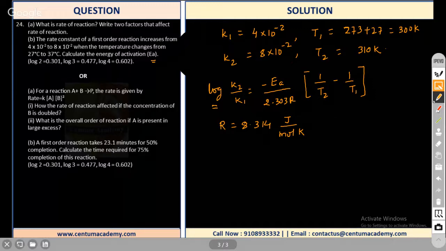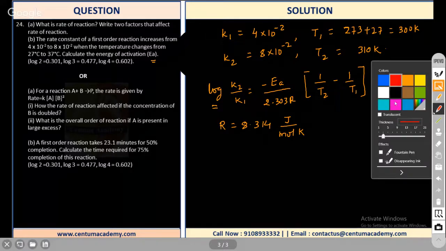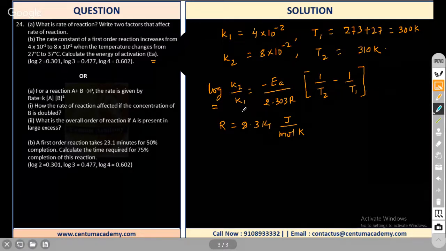See, it is easy. Don't make mistakes in this kind of thing. Just try to understand one thing. Do we have any unit for this term? It is unitless, right? The unit of this part is 1 by Kelvin. And EA you have to find out. R will go this side.